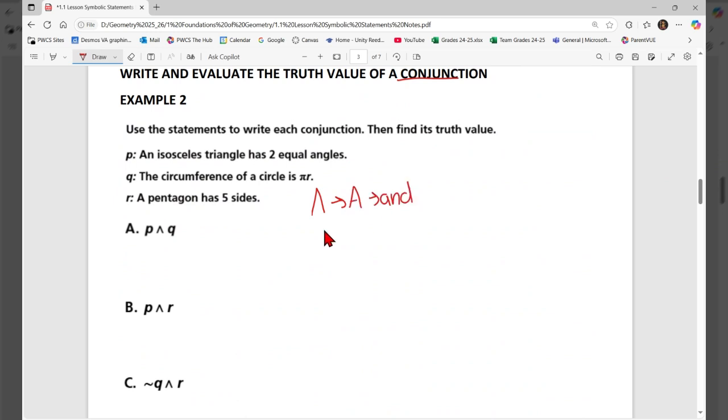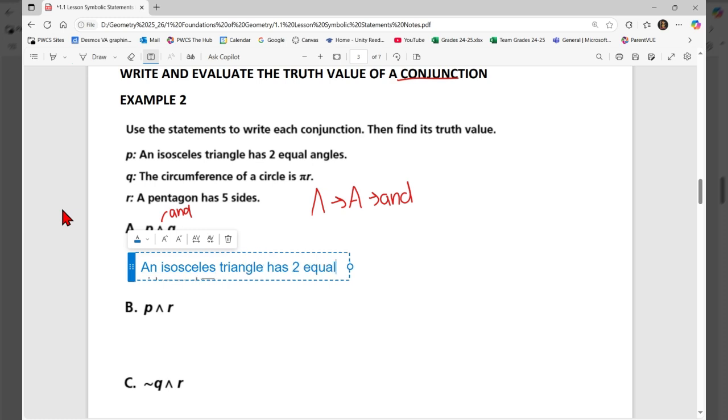And so what I would do is I would take the statement that is P and I would put and in between it and the statement that is Q. So if I want to take my statements up here and write P and Q, this looks like P and Q. I could write an isosceles triangle has two equal angles, and I'm just going to do it in capitals.